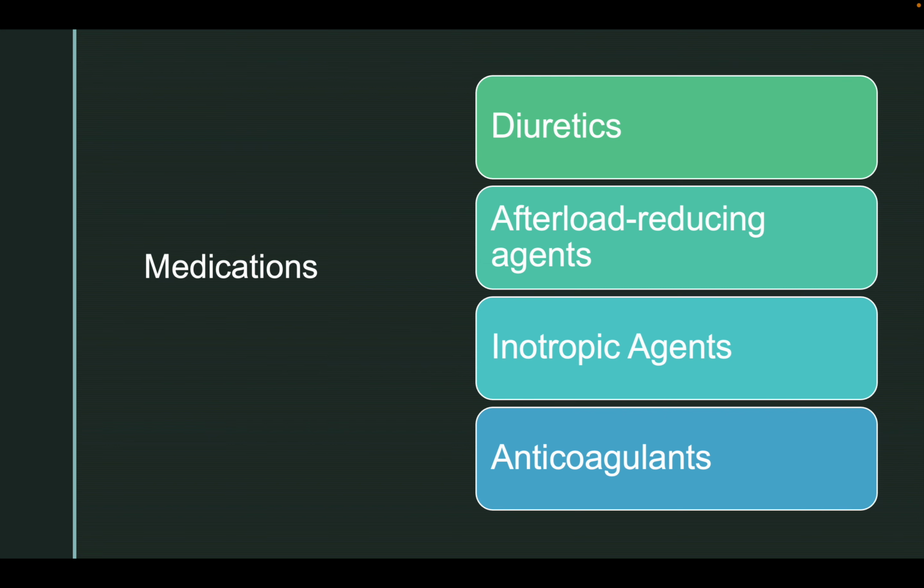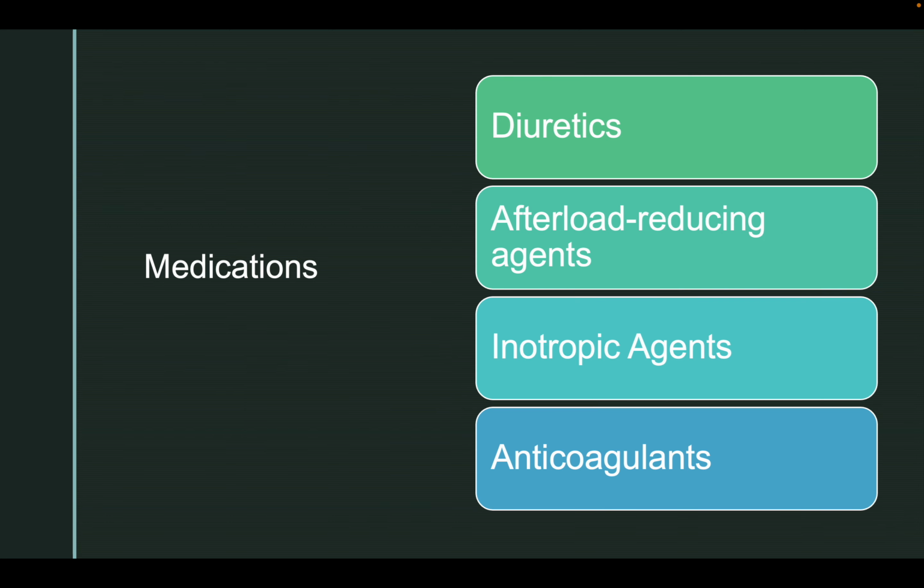You also have your afterload reducing agents. These help the heart pump more easily by altering the resistance to contraction. So you have the angiotensin converting enzyme inhibitors, your ACE inhibitors, enalapril, lisinopril, those pril drugs. Angiotensin receptor blockers, those are the losartans, valsartans.